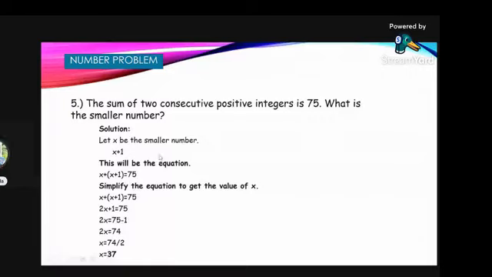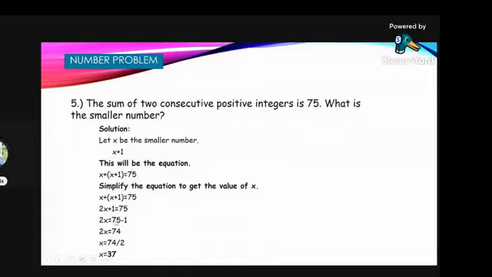So pag sinabing consecutive, ibig sabihin magkasunod. Smaller number plus 1. So x, then x plus 1. Then you will have x plus x plus 1 is equal to 75. Then simplify. So x plus x is 2x plus 1. Then lipat sa kabila. Si 1. 75 minus 1 is 74. 74 divided by 2 is 37.